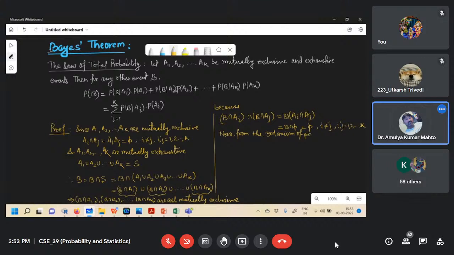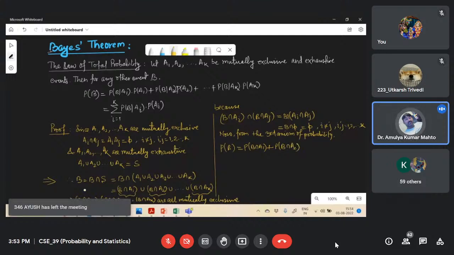Now, from the third axiom of probability, you can write probability of B equal to probability of B intersection A1 plus probability of B intersection A2 plus so on, probability of B intersection AK. Can I write like this?